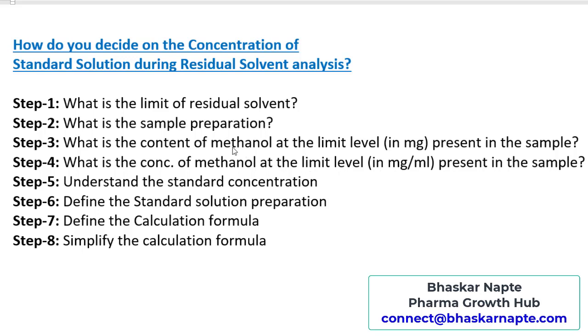Step number 4, what is the concentration of methanol or a residual solvent at the limit level in milligram per ml, present in the given sample quantity. Step number 5, understand the concentration for the standard. Step number 6, define the standard solution preparation. Step number 7, define the calculation formula. And step number 8, simplify the calculation formula.